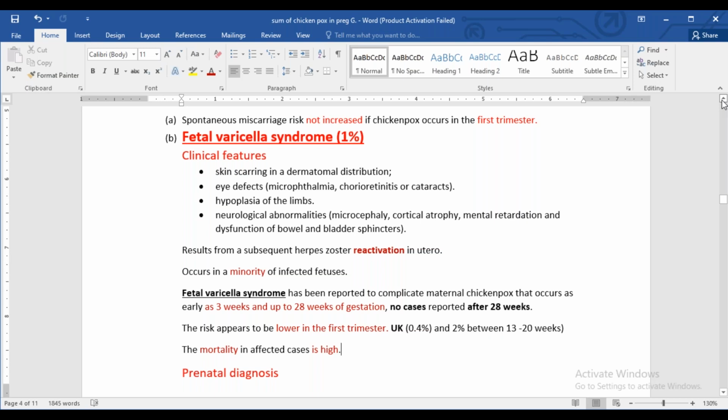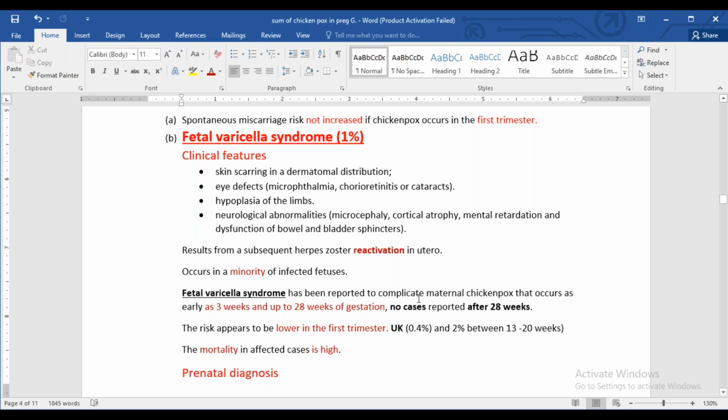And the most important thing you have to know here is it happens to the baby between 3 weeks and 28 weeks. No cases reported after 28 weeks, and it appears to be very low in the first trimester, the first 12 weeks. And here is the percentage.